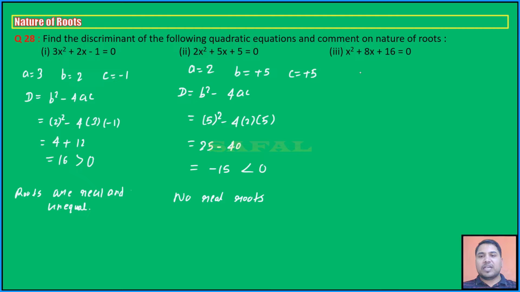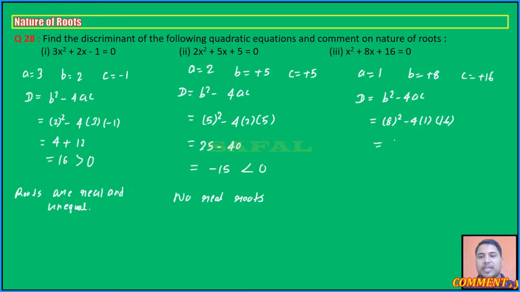The third case we have A is 1, B is +8 and C is what? +16. So capital D, discriminant of this quadratic equation, B square minus 4AC. Now B is how much? 8 square minus 4, A is 1 and C is 16.